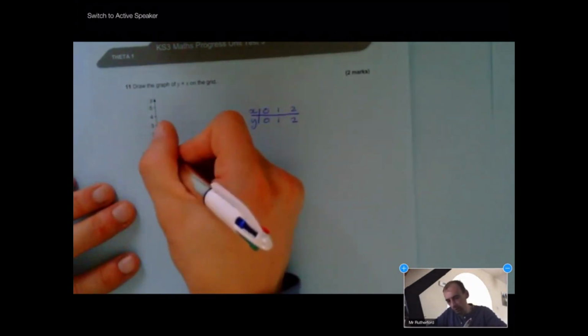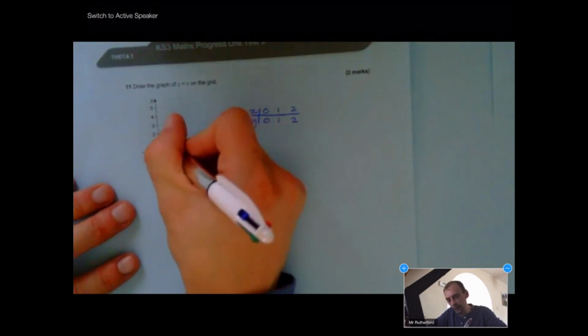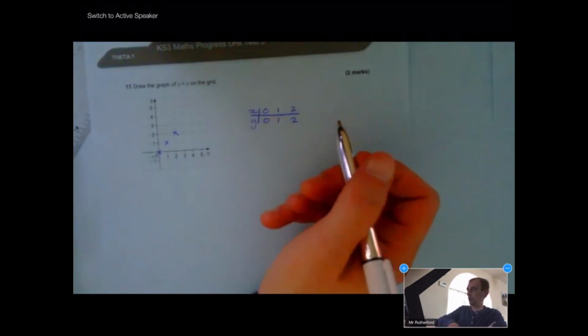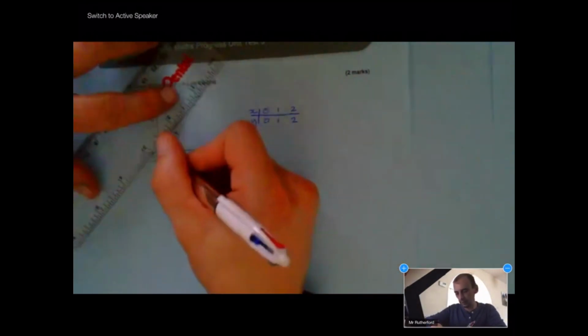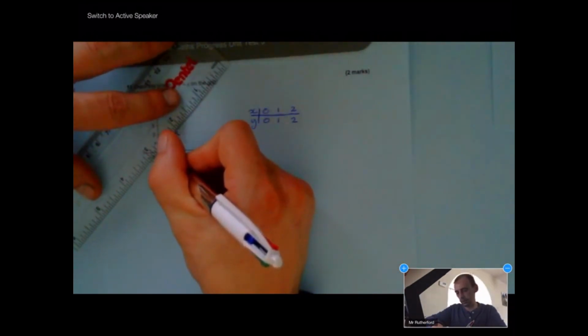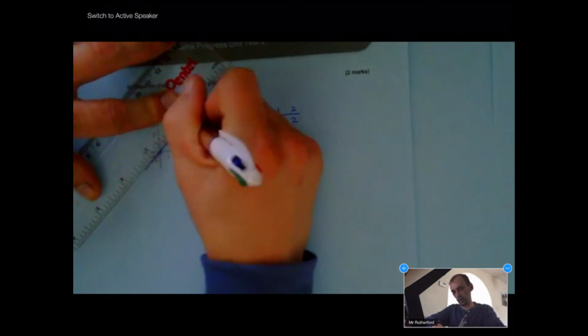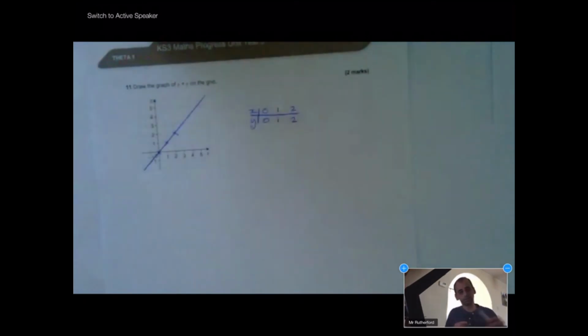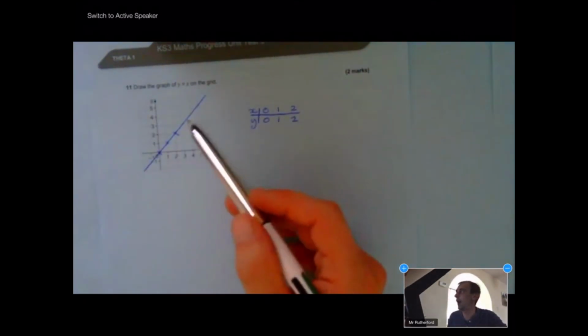Okay, so you are going to have points here, here and here. One of the 2 marks if you've done all of that. The second mark if you've remembered to put a line going through it. Okay, so well done if you managed to do that.